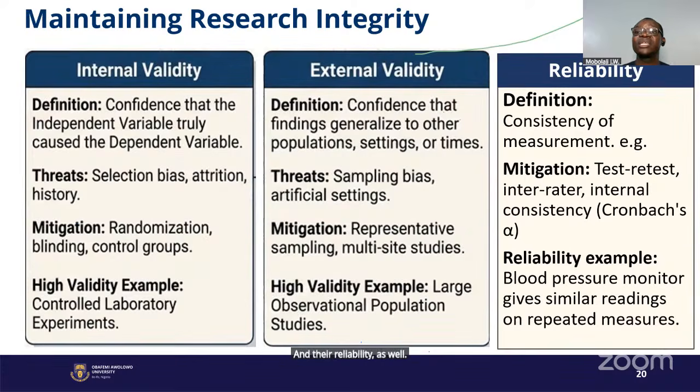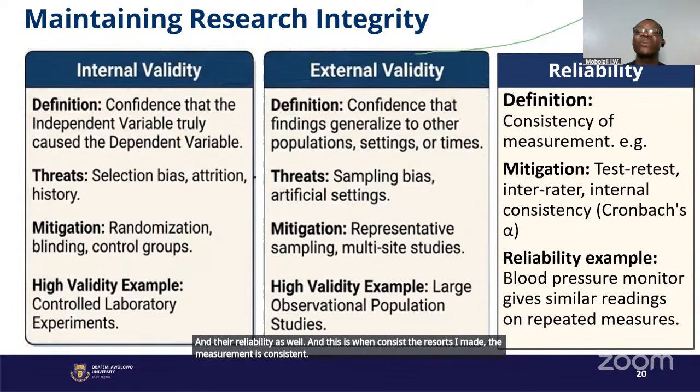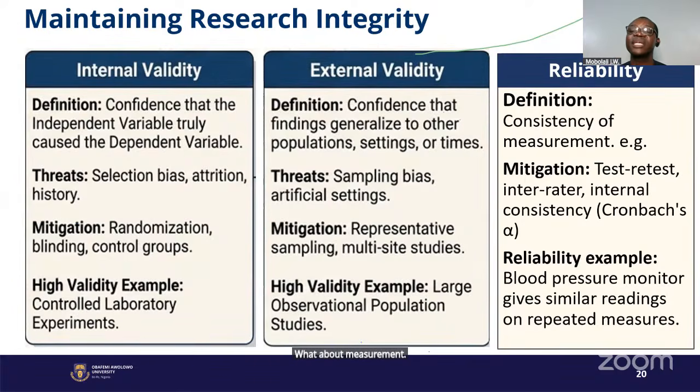And this is when the measurement is consistent. Whatever measurement you have is consistent. For example, you're looking at blood pressure. If you are monitoring blood pressure in a particular population, we have to ensure that it gives a similar reading on repeated measures.